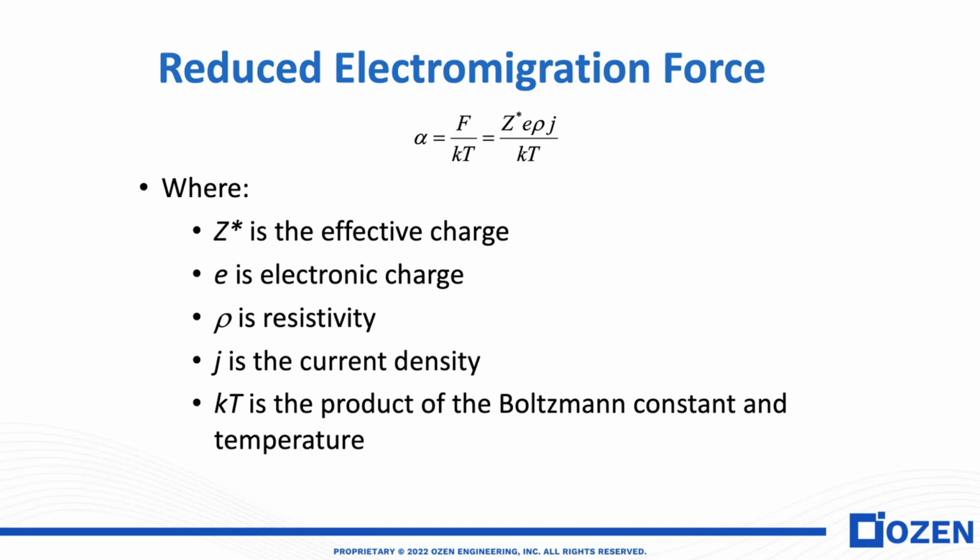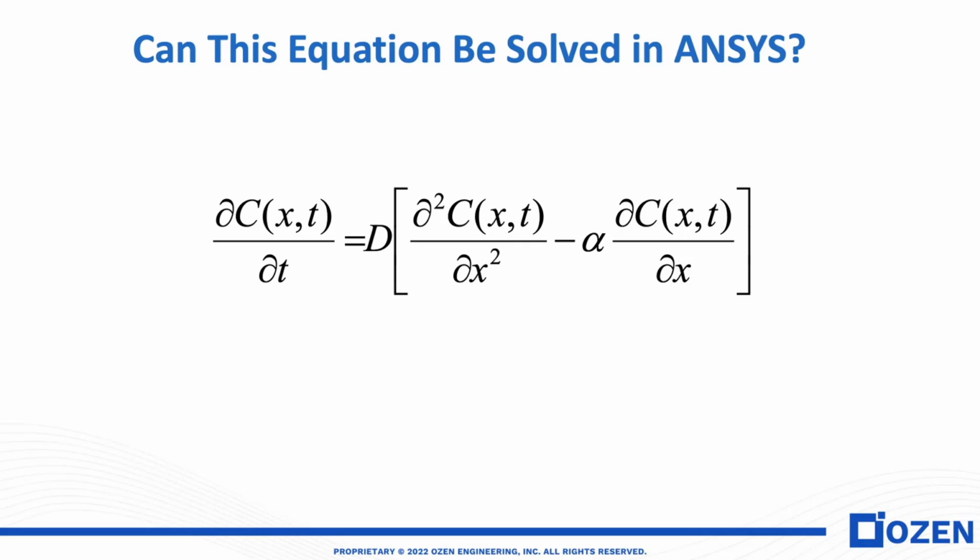And the force F in the numerator can be rewritten as Z star, which is the effective charge, multiplied by the electronic charge, multiplied by resistivity, multiplied by the current density. So as you can see from here, alpha is directly related to current density. And as current density goes up, alpha goes up.